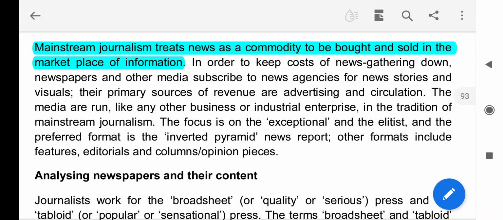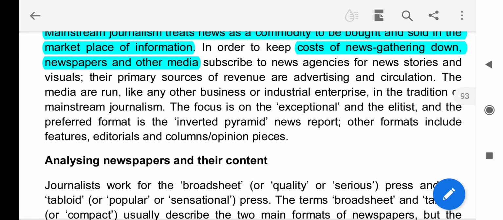So in order to keep the cost of news gathering low, newspapers and other media subscribe to the news agencies for the stories and visuals. Their primary sources of revenue are advertising and circulation.